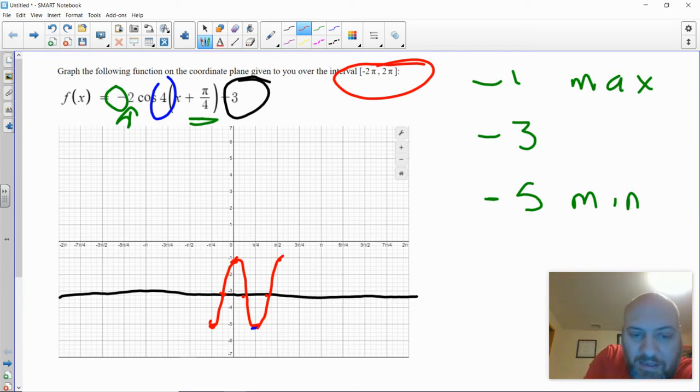I see that there is a distance of pi/2 between every minimum and every maximum, so I'm going to put those points in there in both directions. So I have all my minimums and all my maximums in there, and I know halfway between is where it's going to cross the midline.